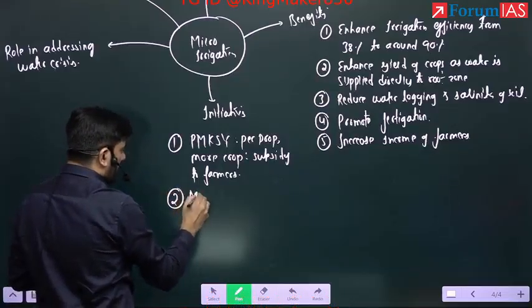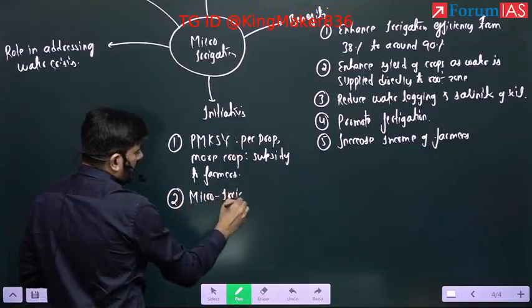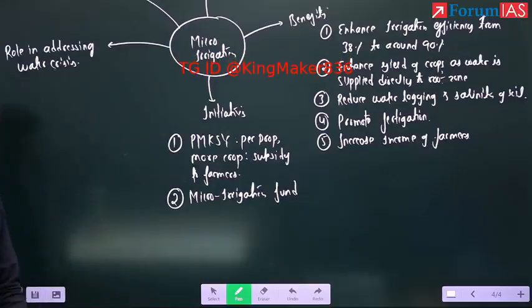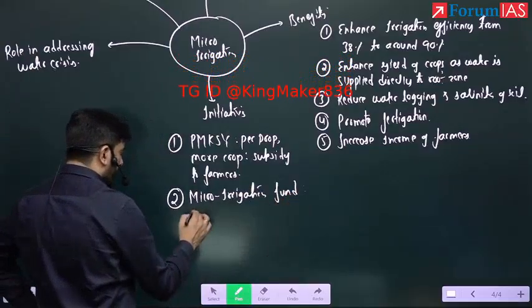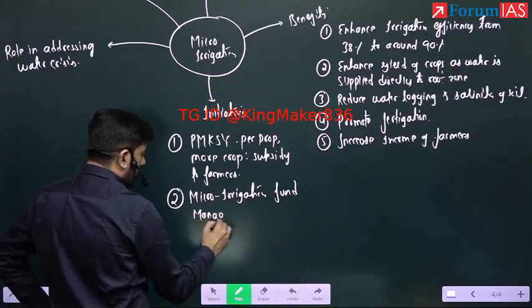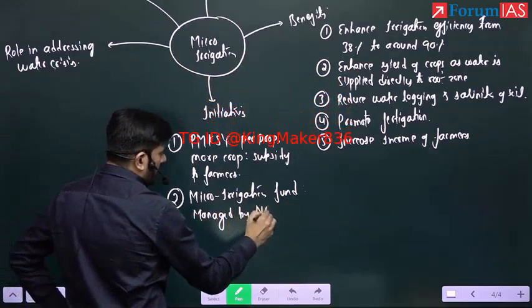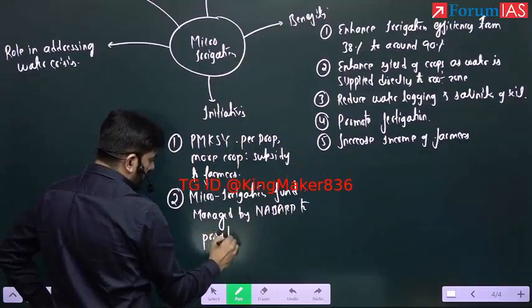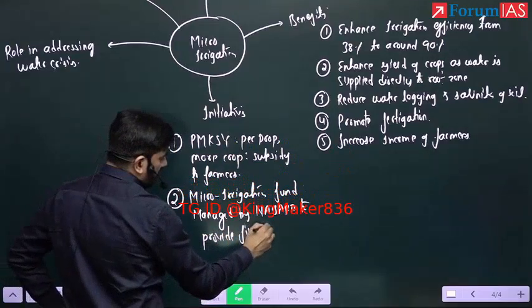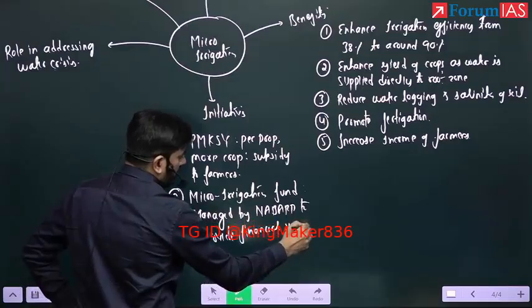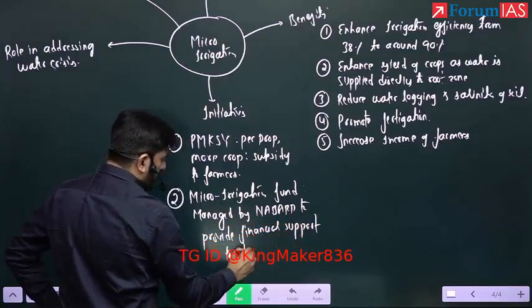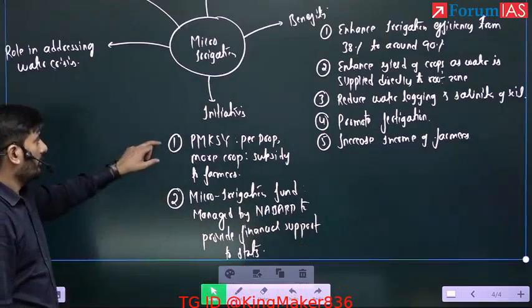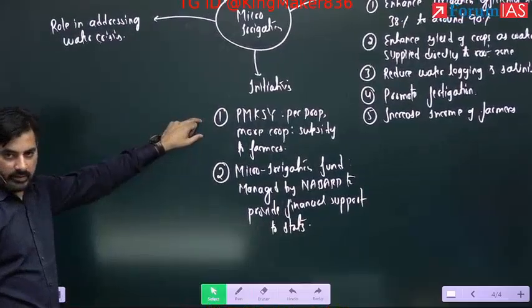Second, we have a separate fund called as micro irrigation fund, managed by NABARD to provide financial support to the states for micro irrigation purpose. ठीक है everyone?